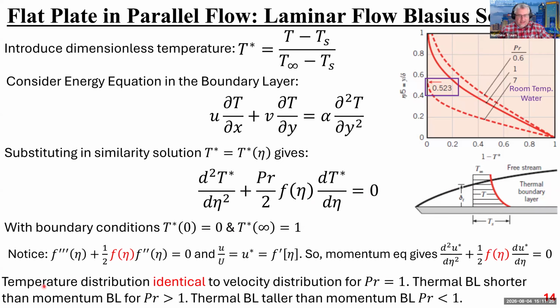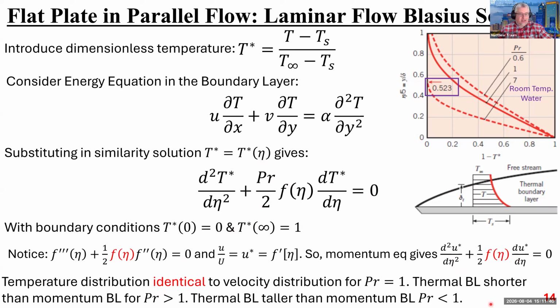Okay, one little aside that I want to mention is in the special situation where the Prandtl number is equal to 1, which is actually almost true for most gases, right? For air, it's 0.7. For other gases, it's 0.8, 0.9, 1.1. This equation basically becomes identically this equation.